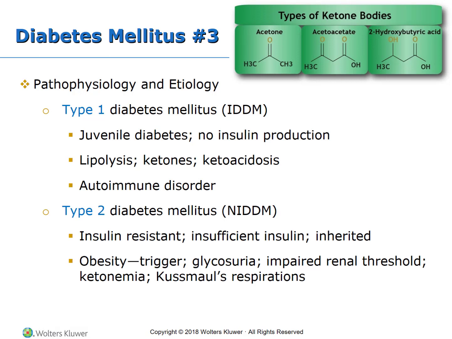Now, some of the pathophysiology factors that have been identified related to type 2 diabetes include three things. Number one, it could be due to decreased tissue responsiveness to insulin as a result of receptor or post-receptor defects.